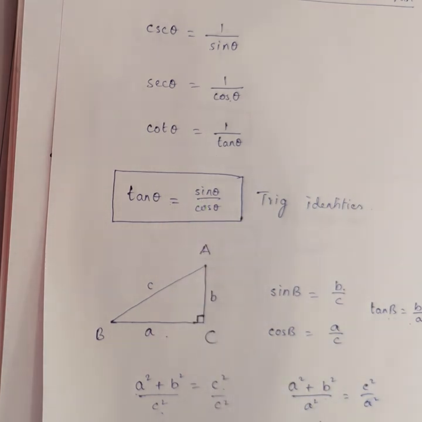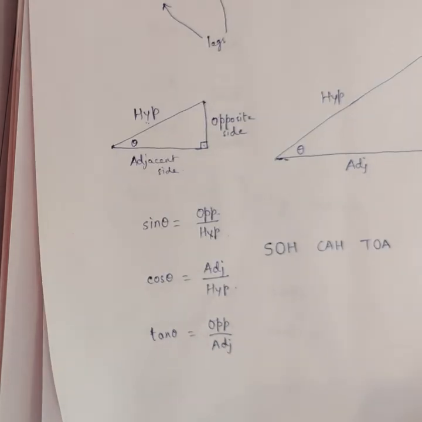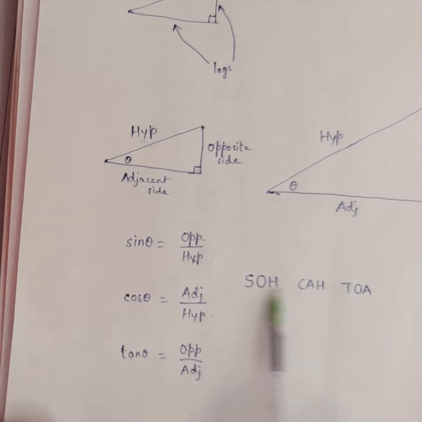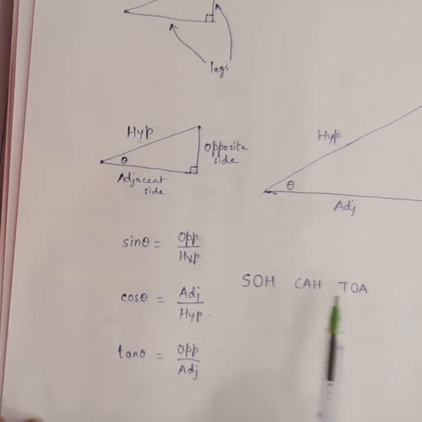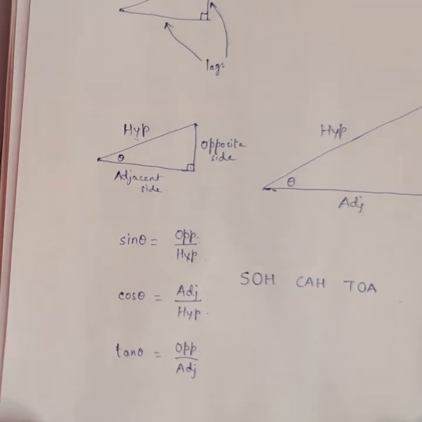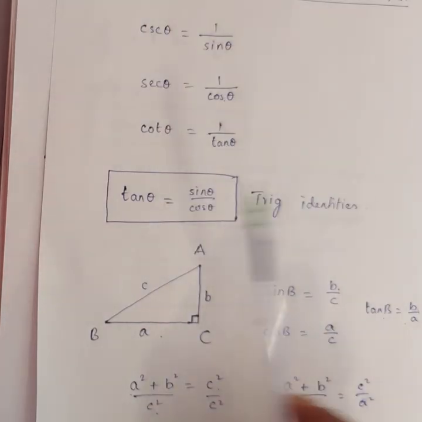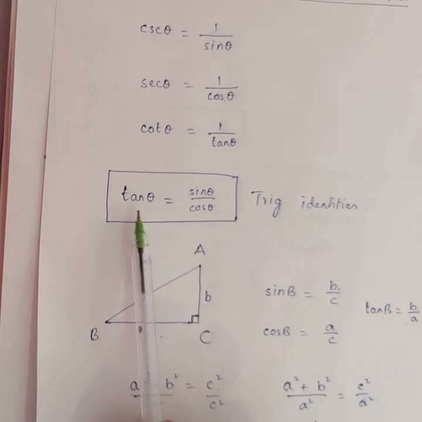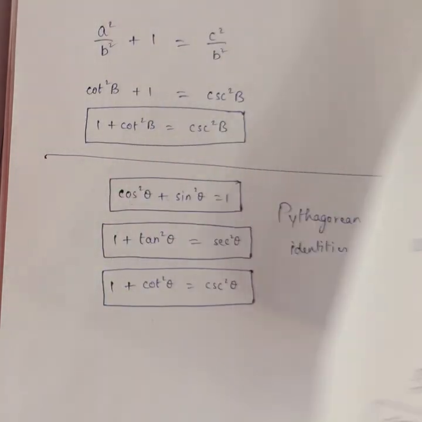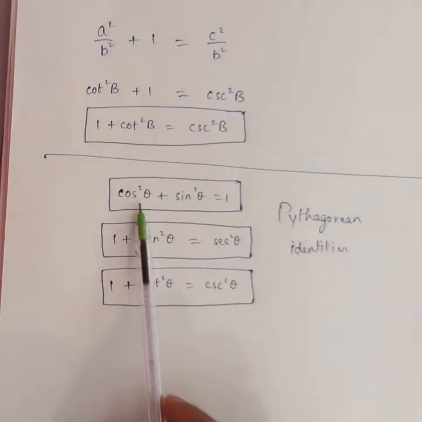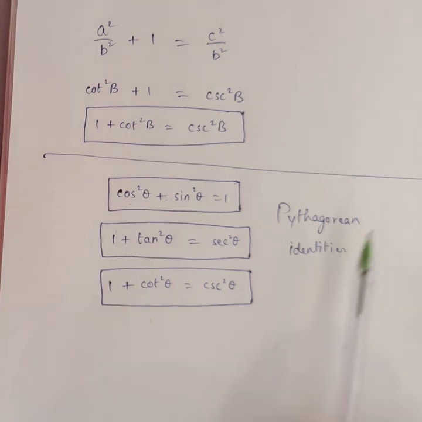So to summarize, we defined trig functions, and we came across this mnemonic to remember the definition of sine, cosine, and tan, SOHCAHTOA. Then we identified that tan is sine over cosine, and then we used the Pythagorean theorem to derive these three identities.